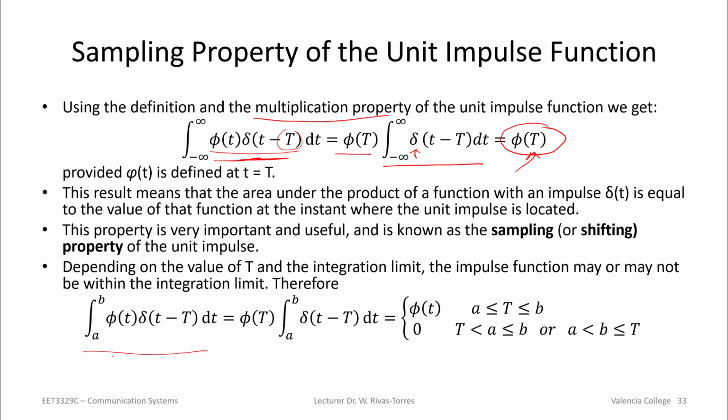If I integrate from a to b, and it doesn't matter what the value of t is, as long as the value of t is within the limits of integration, you evaluate phi of t. If it's not, it's equal to 0. So if t is outside of a and b, it just goes straight to 0.